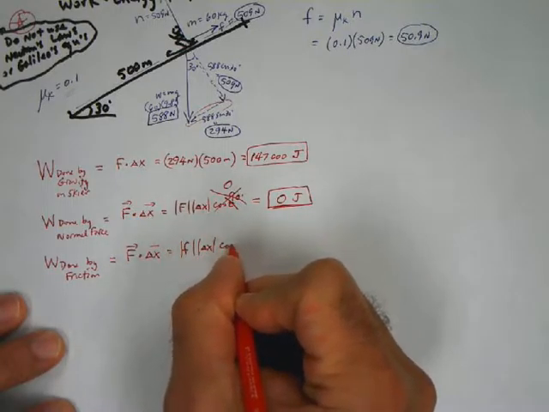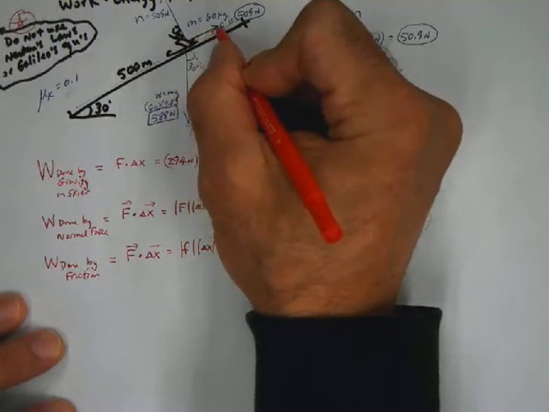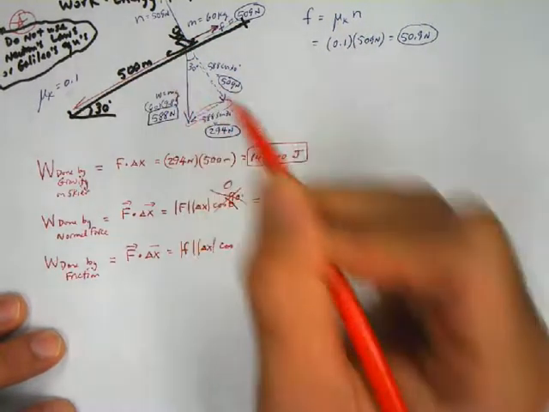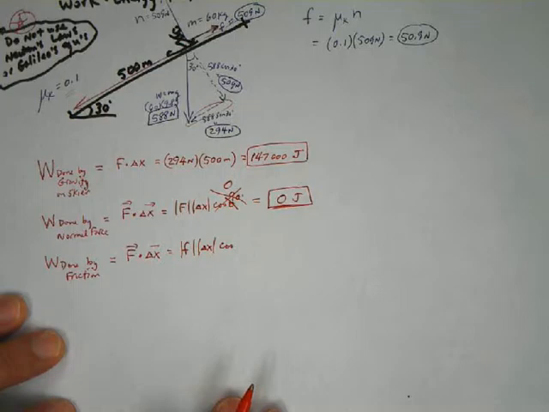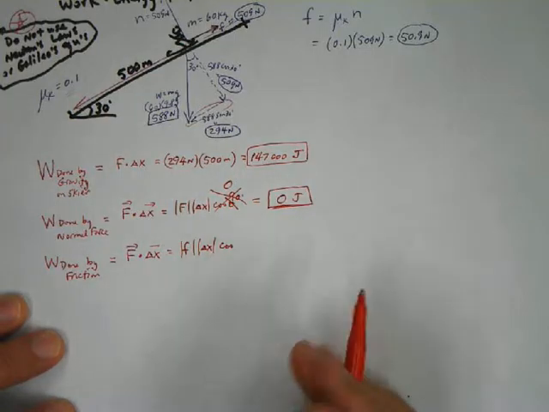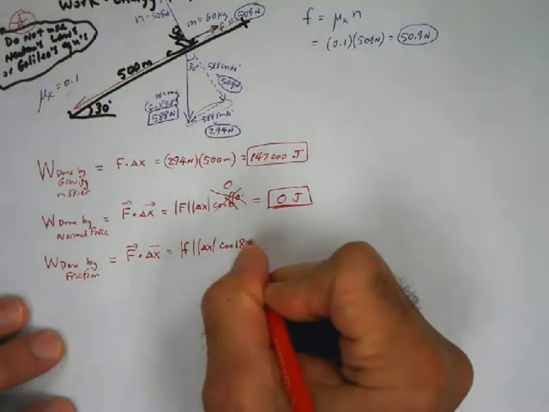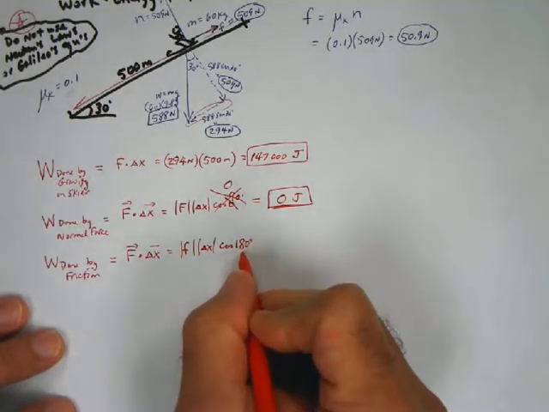But notice friction is pointing the opposite direction compared to the direction of motion. Friction is pointing upslope, the direction of motion is downslope, so that's a cosine of 180 degrees. And what's the cosine of 180? -1.